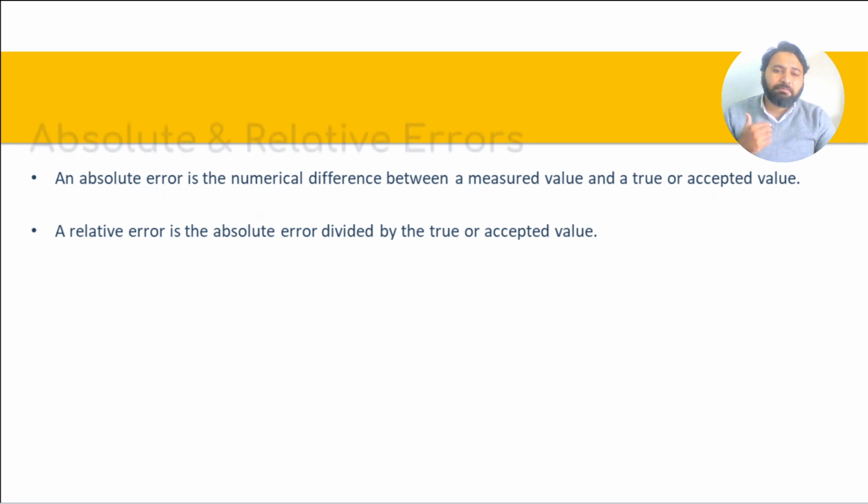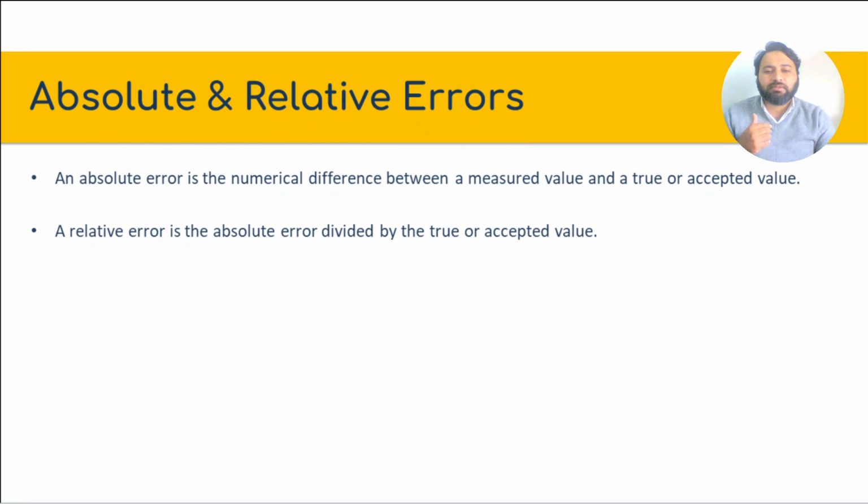Now, what are the absolute and relative errors? Absolute error is calculated by measuring the difference between a measured value and a true value. Obviously the determinate and indeterminate errors comprise all of these errors, but specifically, absolute is measuring these errors by the difference between a measured value and the true value.